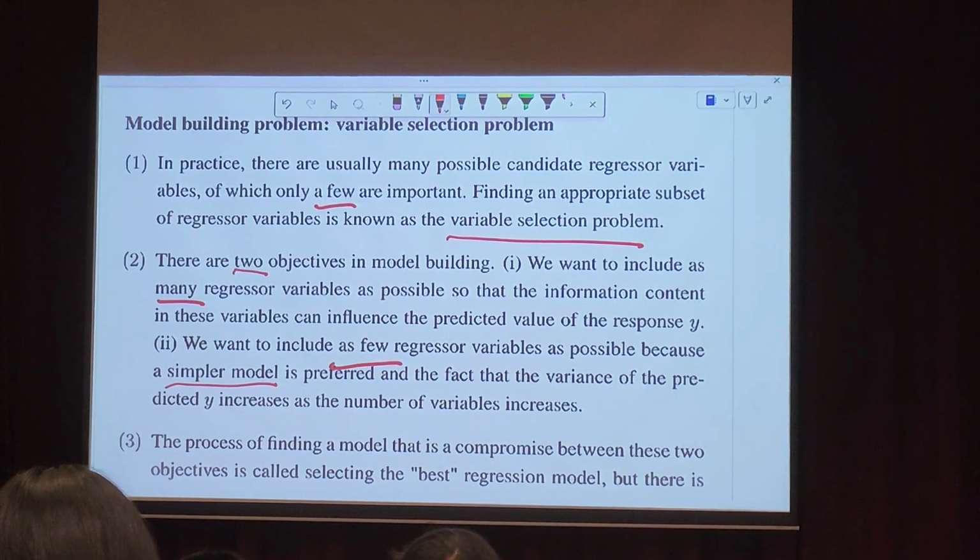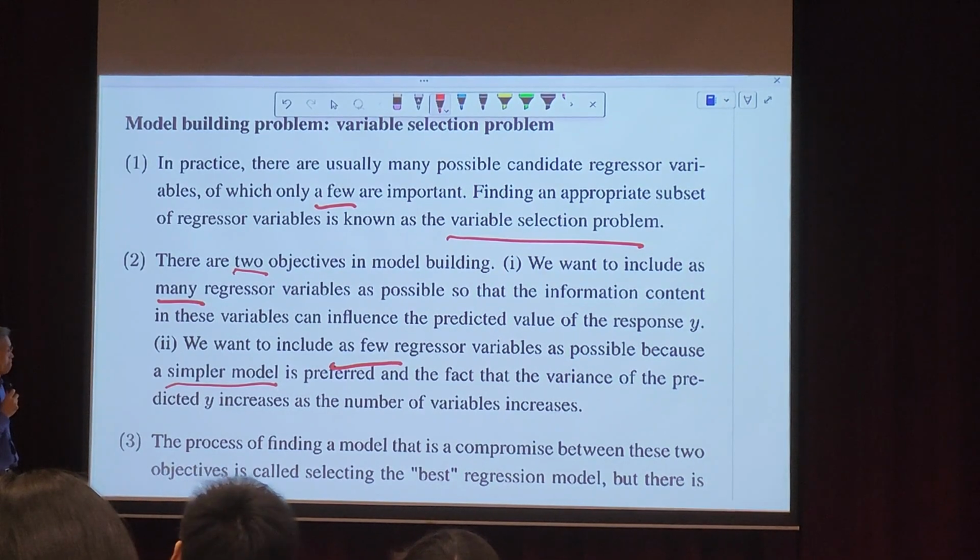If I have a model with 3 regressor variables, and on the other hand, I have 20 regressor variables, and in terms of R squared both are similar, or everything looks similar, I prefer the 3 regressor model. It's simple.